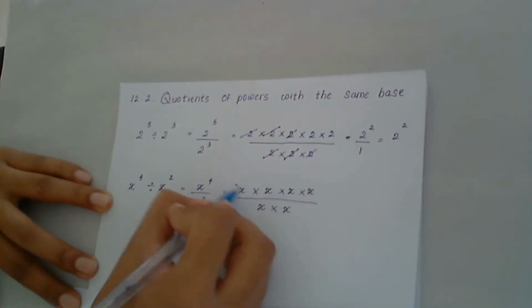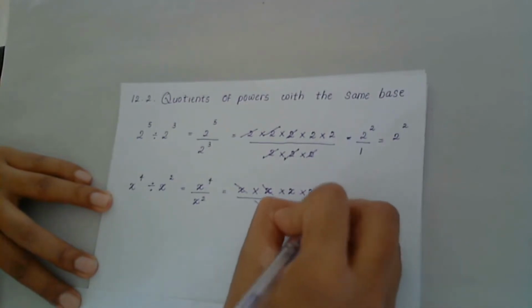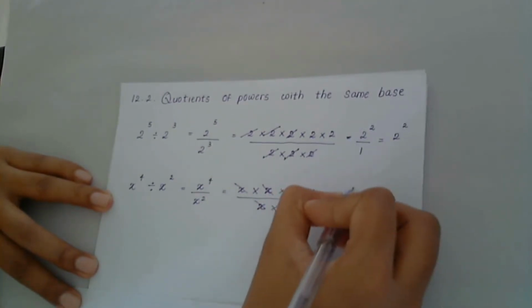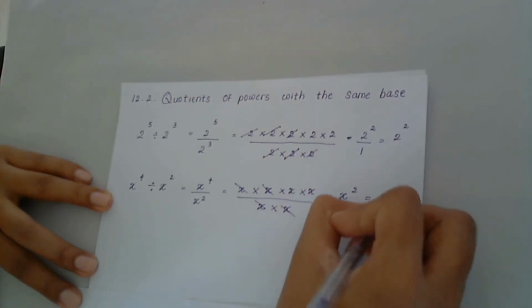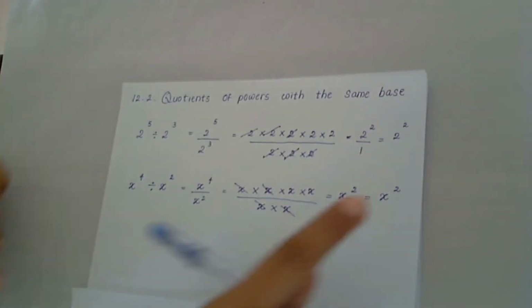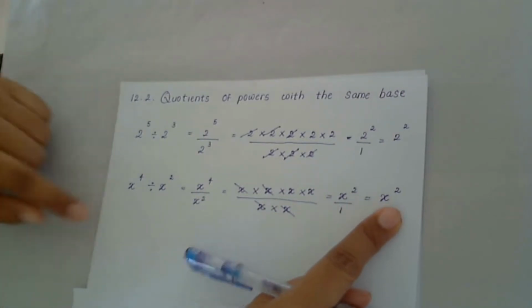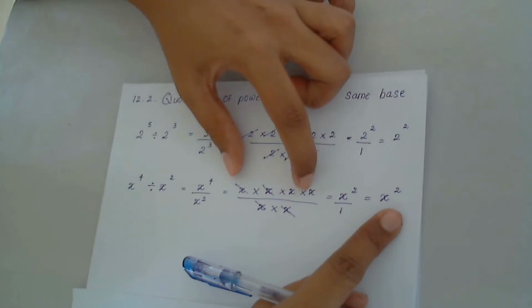Now we can cancel one x with this one. Here we have x to the power 2 over 1, that means x to the power 2. Now under this topic we are going to learn a simple method to get this final value without doing this expansion.